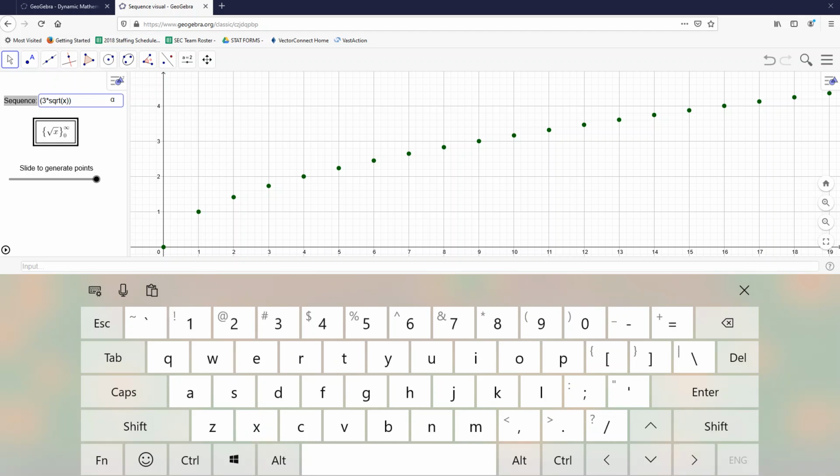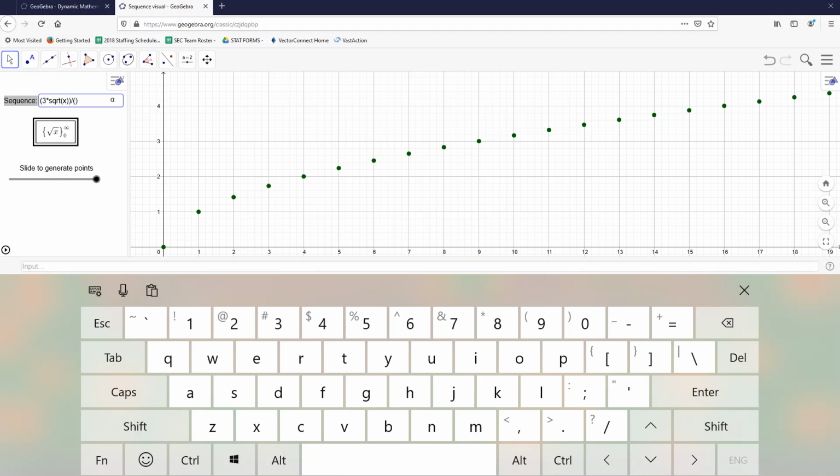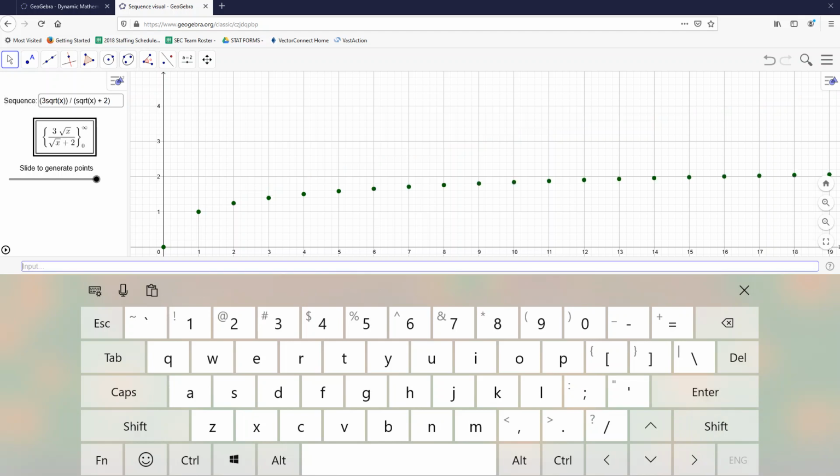And then I'm going to divide by my numerator, and my denominator is that square root of x plus 2, so I'm just going to add plus 2 in here. There we are. And I'm going to hit enter really quick just to make sure.